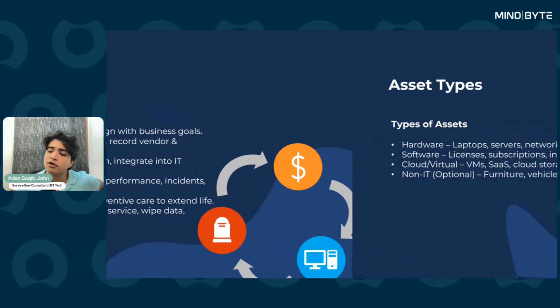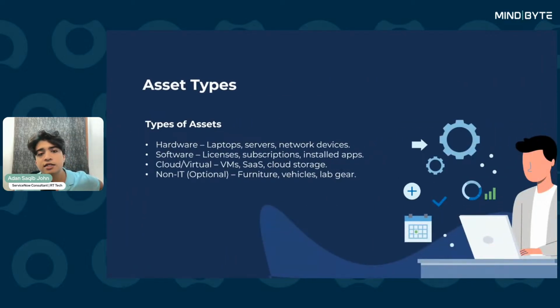Okay, next key concept that we're going to talk about is the types of assets that are stored inside ServiceNow. So when we talk about assets in ServiceNow ITAM, we're not just talking about servers and laptops. This actual scope of the assets stored is much wider than that. So firstly, we're going to look into hardware assets.